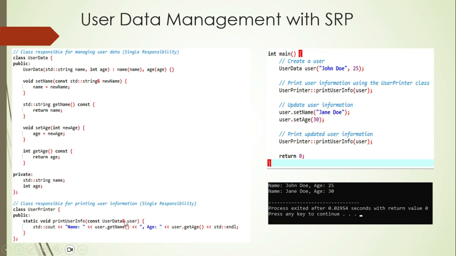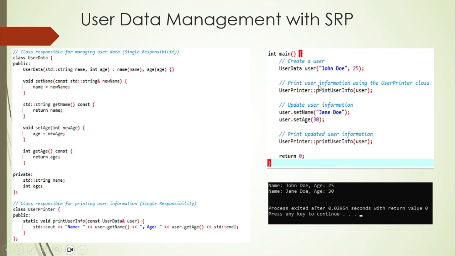User is a variable taken for this class object, which means it will contain the information of the UserData class, and then certainly the age here.